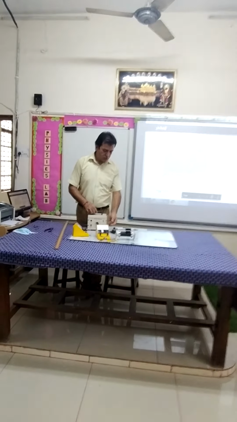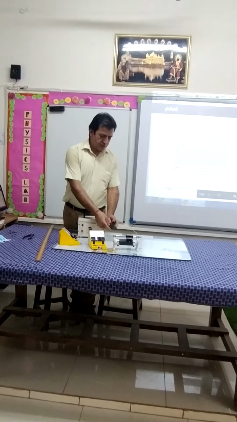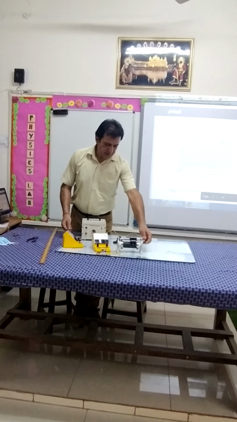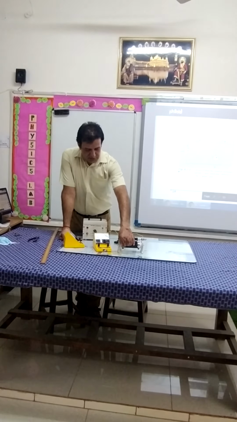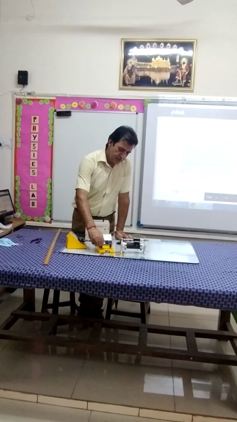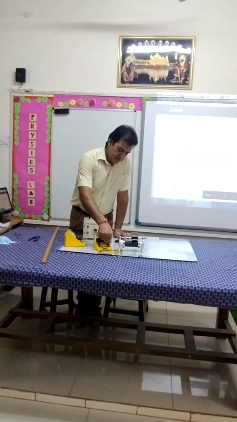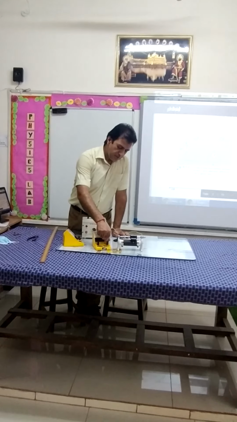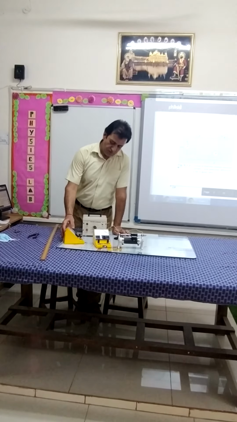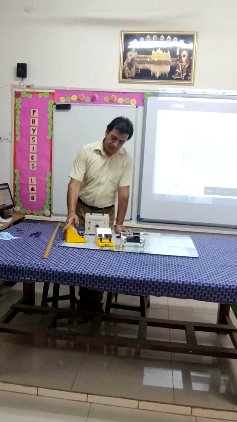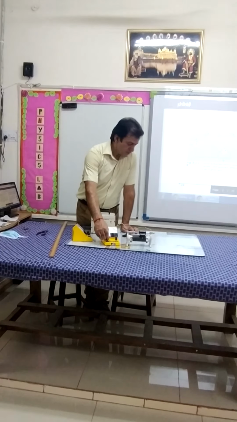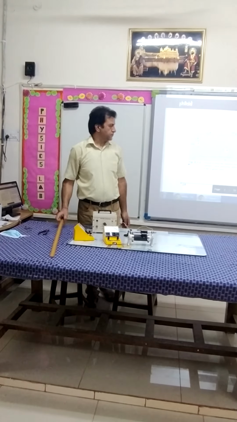The negative terminal is connected to the one-way key, and the second end of the key is connected to the rheostat on the upper side, and the lower side of the rheostat is connected to the negative terminal of the voltmeter, and the positive terminal of the voltmeter is connected to the negative terminal of the milliammeter, and there is a parallel wire connected with the voltmeter.